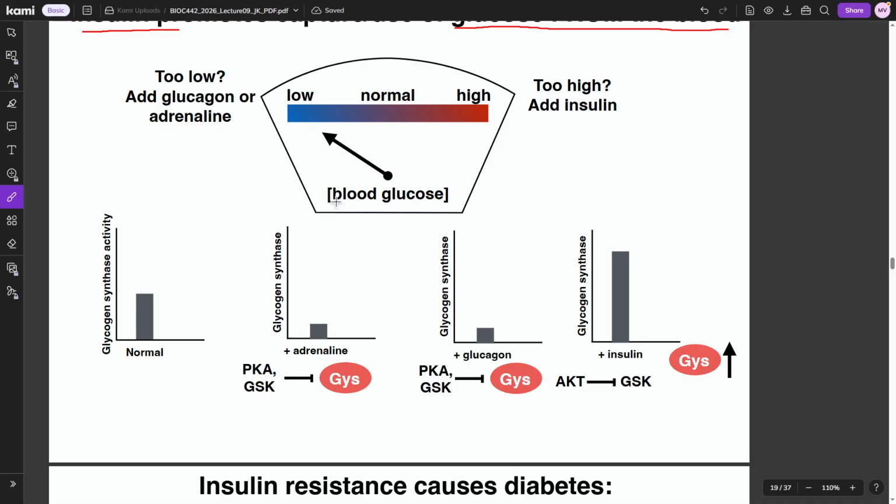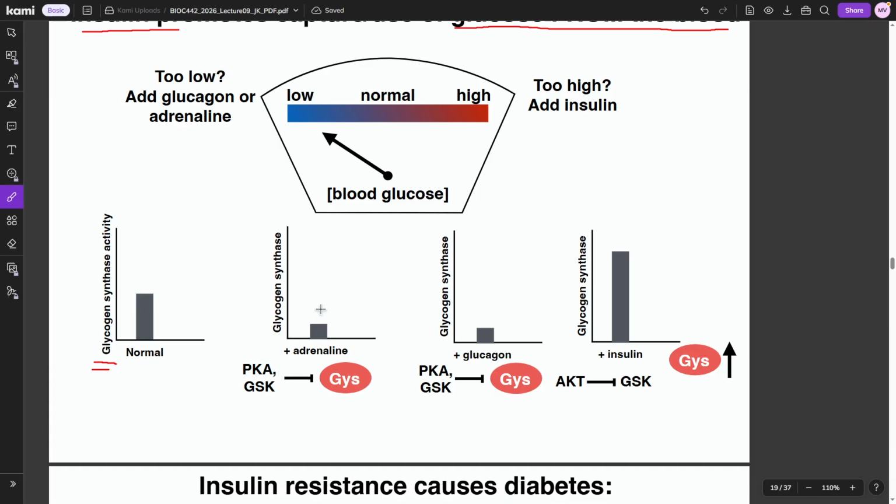Here you have some cool little images of what happens here. Let's see, I'm trying to figure out what they are doing here. Yeah, so they're looking at glycogen synthase activity specifically. So under normal conditions, it looks like this. When adrenaline is present, that's the protein kinase A pathway with the phosphorylase kinase, it would inhibit glycogen synthase, remember, because adrenaline wants you to use glucose, not store it.